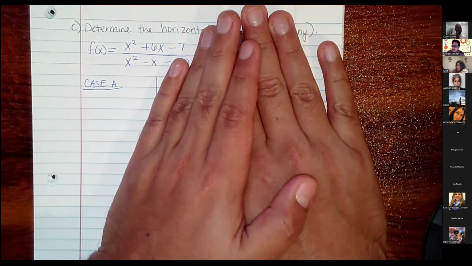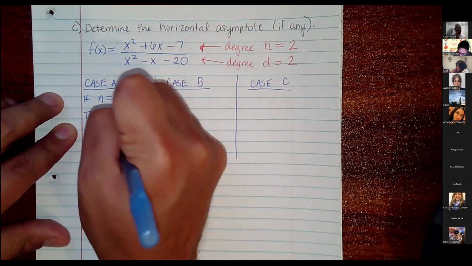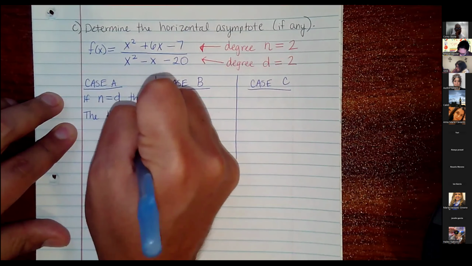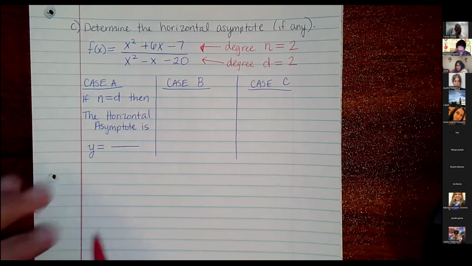Well, it's based on the degree of the numerator and denominator. If the numerator degree n is equal to the denominator degree d, then you're dealing with case A. And that says the horizontal asymptote is y equals, and then we have a fraction here.